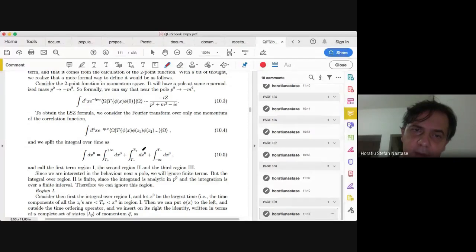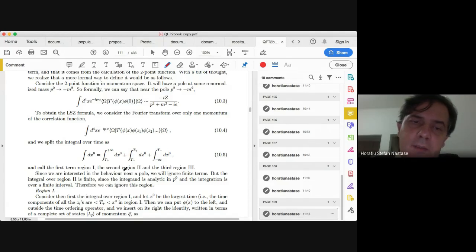Now, the first thing to observe is that region 2 will be ignored because we're looking at the behavior near a pole where this thing is diverging, right? It's going to infinity.